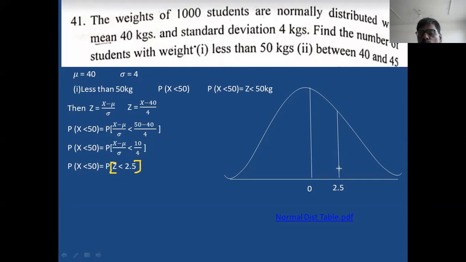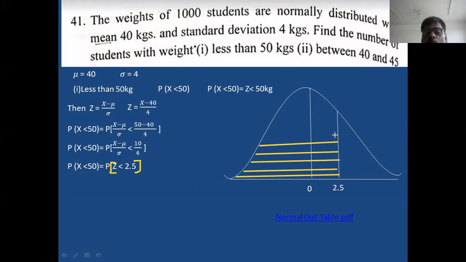From this line, 2.5 line is here. Less than this means all the remaining part of the left hand side. So this is the area covered. Like this, you mark it. This is the less than.